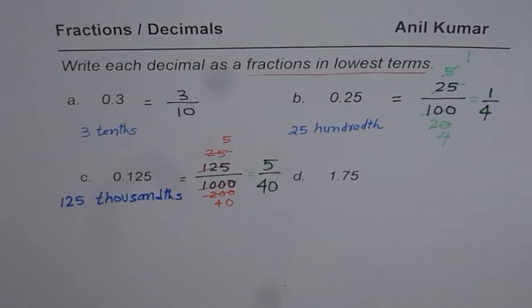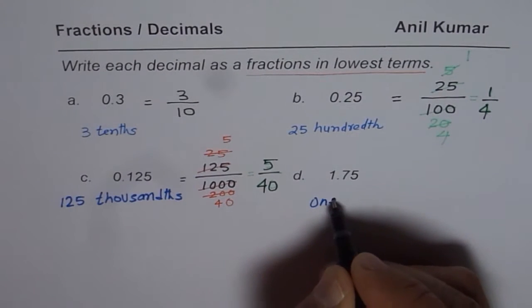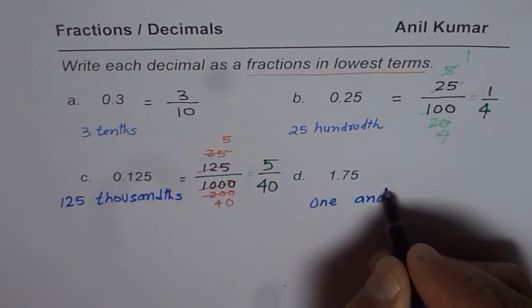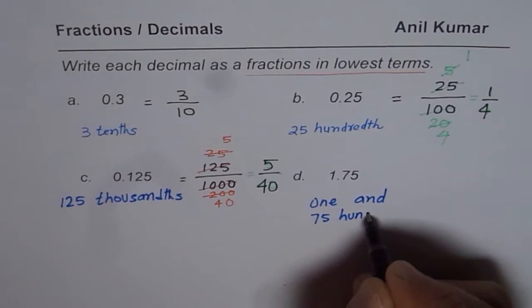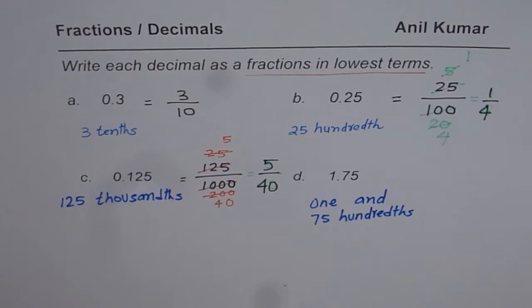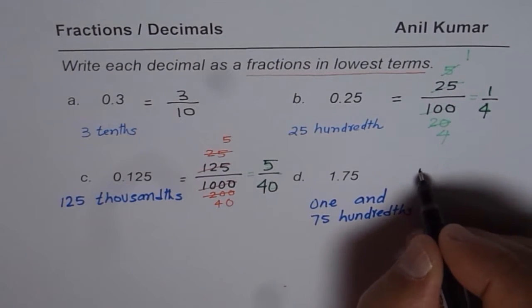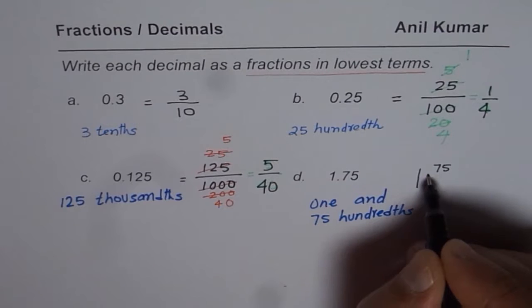Now 1.75. To read this number, it is 1 and 75 hundredths, right? So we can write this as 1 whole and 75 hundredths.